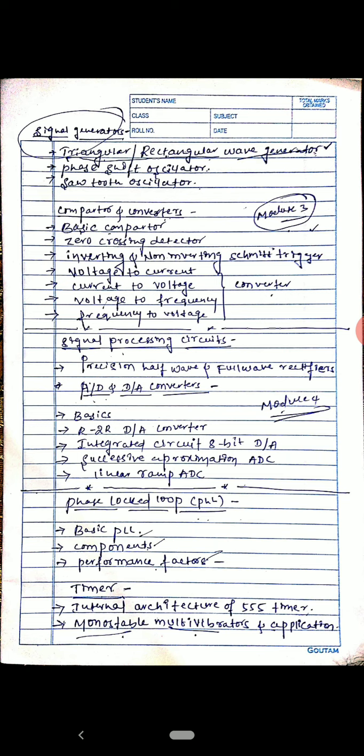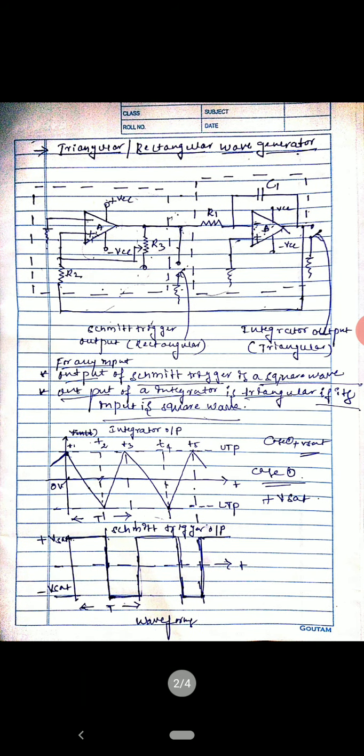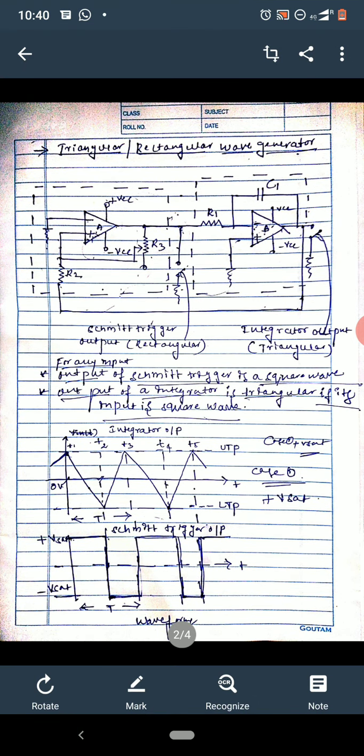So we'll take the first point, that is triangular/rectangular wave generator. This is the block diagram of that. Here you can see there are two blocks under dashed boxes. The first box is Schmitt trigger and the second dashed box is integrator circuit. The specialty of this Schmitt trigger is it takes any input and gives a square wave output.